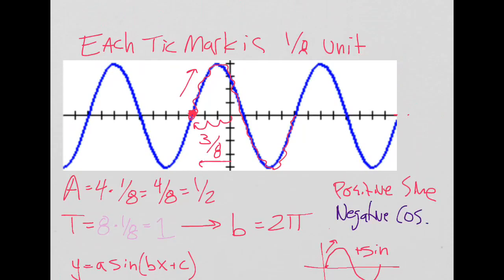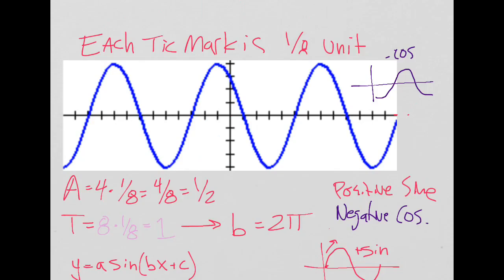So we need to look up here and think about what we're trying to find. We need a negative cosine graph. If you picture cosine, it normally looks like that, but we want a negative cosine graph, so we need to start at our minimum value and then go up like that. That will be a negative cosine graph. So just find a spot where this graph starts at a negative value and then go from there.